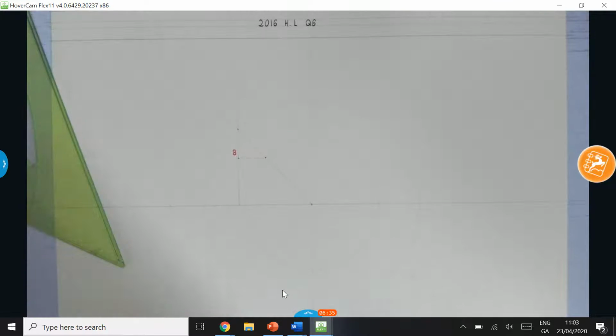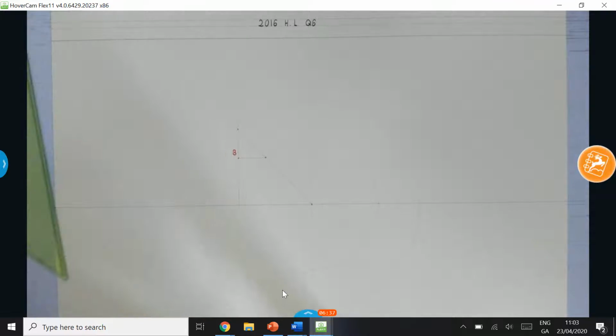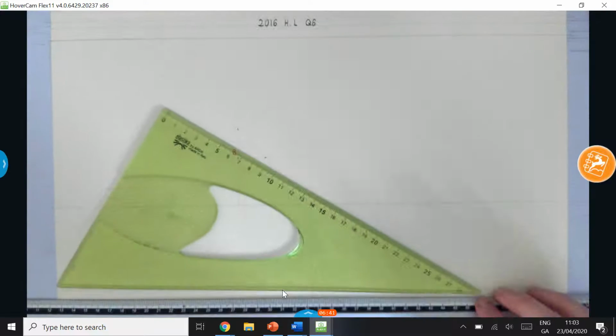So to draw an ellipse, we have to divide this circle up using the 30-60 method.